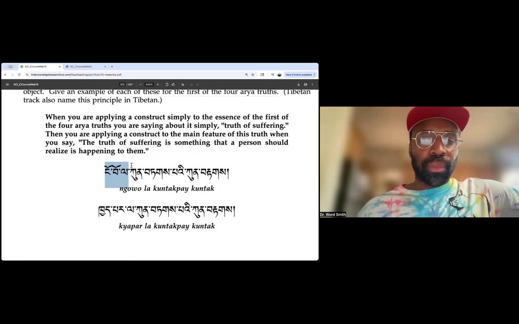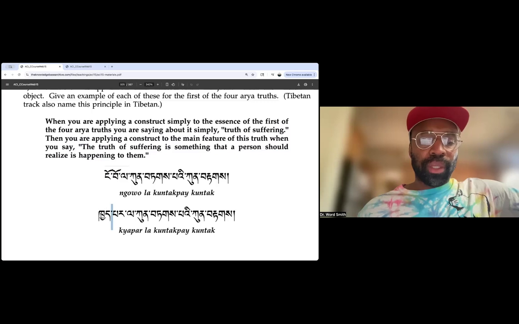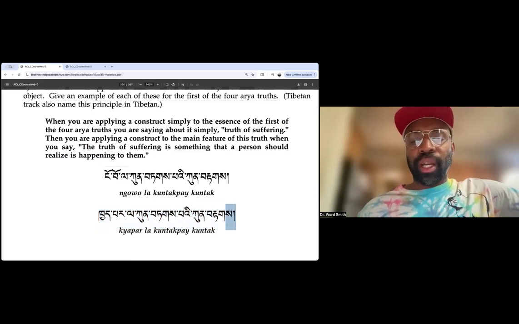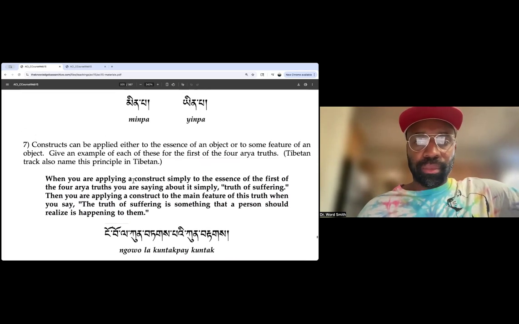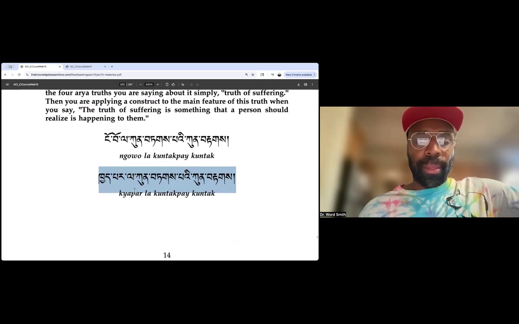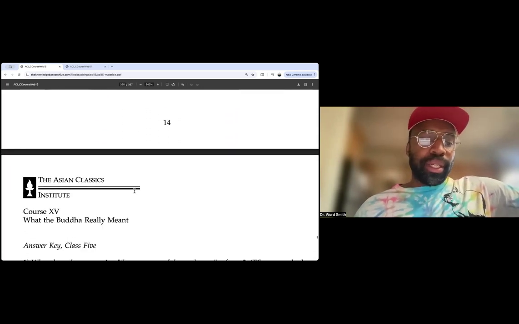Okay. Oh, okay. Yeah, and the construct of the construct is put upon a feature. That's all. All right.